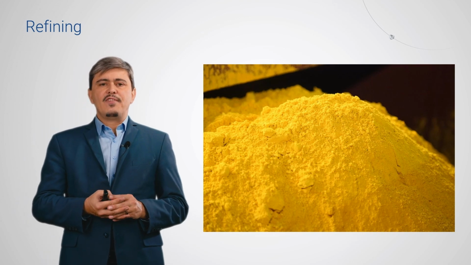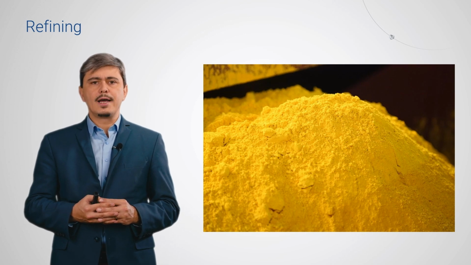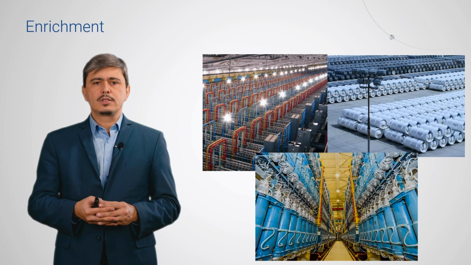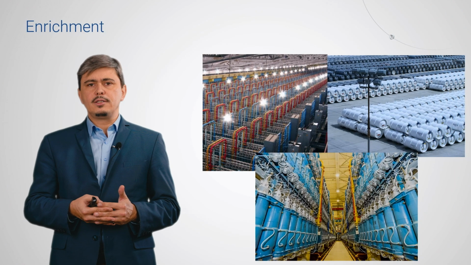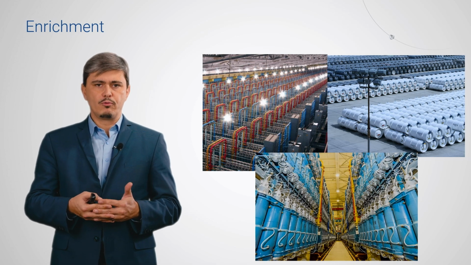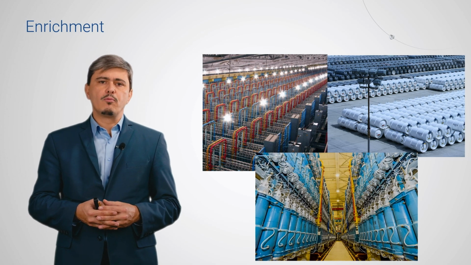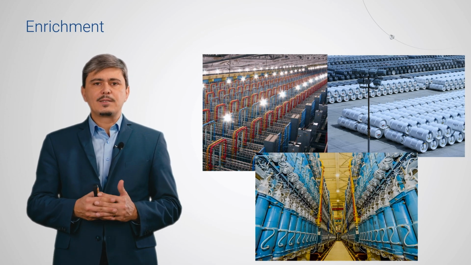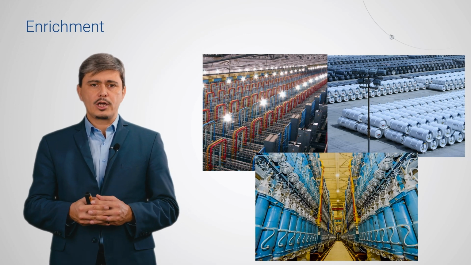And next, a very important and very heavy stage of the uranium fuel cycle is enrichment. Because on the globe nowadays, there is only 0.7% of uranium-235 in the overall amount of uranium. But unfortunately, from the point of view of nuclear physics, especially uranium-235 is most suitable for fission reaction.